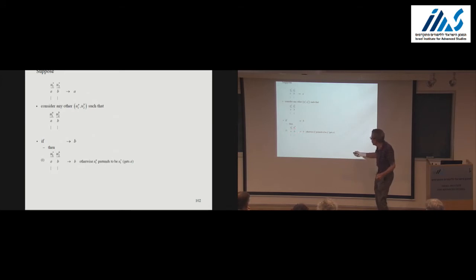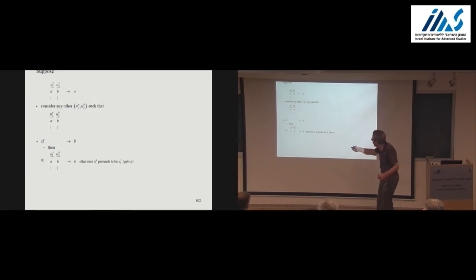then person 1 here with utility function u1a would pretend to have utility function u1 star. Here he gets b.